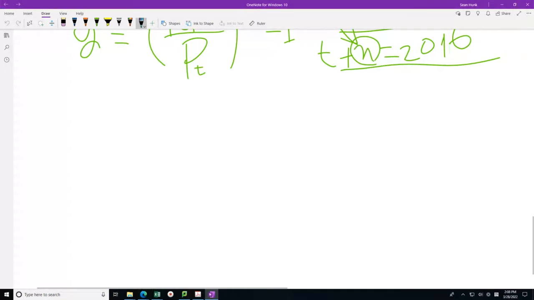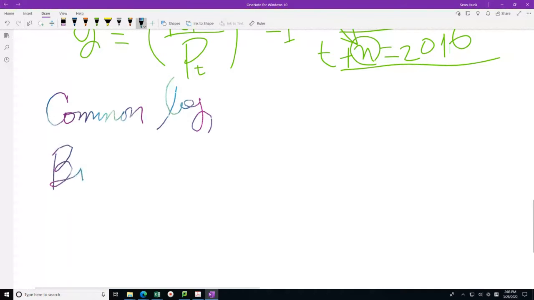So in our last class, we were talking about three types of commonly used logarithms. The first one is common log, the second one is binary log, and the third one is natural log.